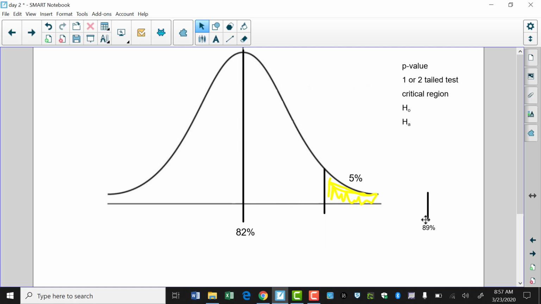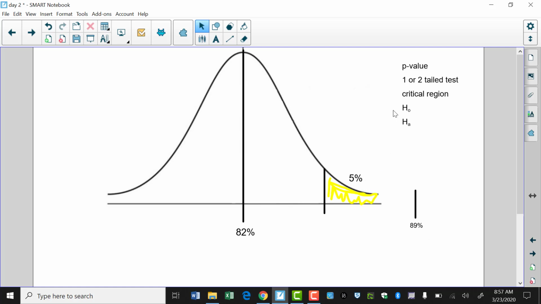So the question is, where does this 89% fit in? The main calculation we're looking for in this case is a p-value. The p-value determines the probability of this happening. What's the probability of this happening by chance?